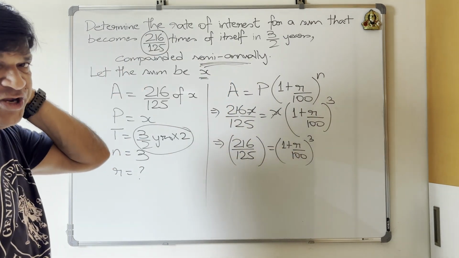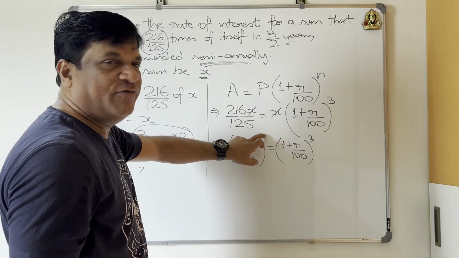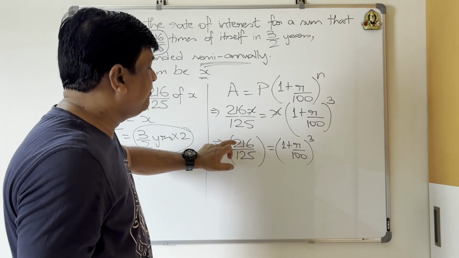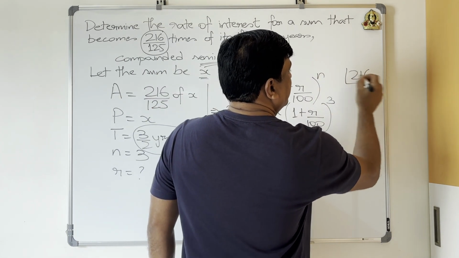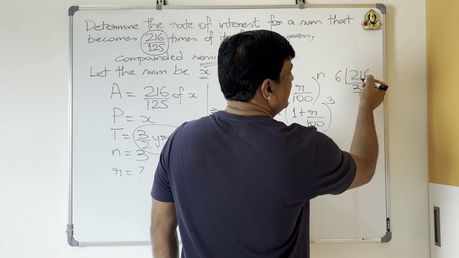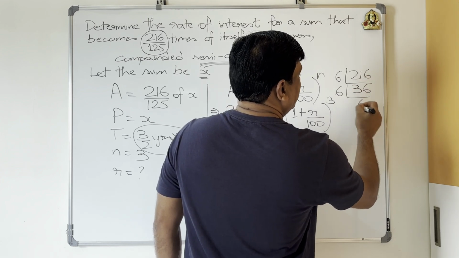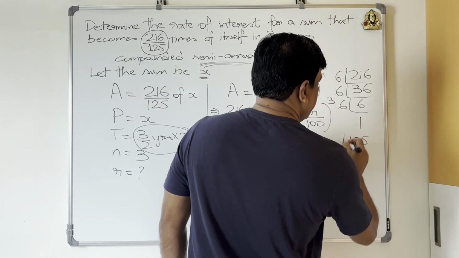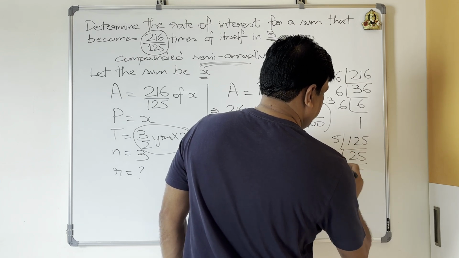You need to ensure that this quantity becomes a cube. So find the factors of 216 using the ladder method. 6 threes are 18, 6 sixes are 36, 6 ones are 6. I know that it is 6 cube. What is 125? 125 is nothing but 5 cube.